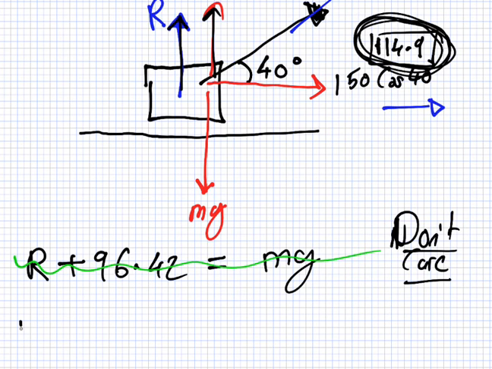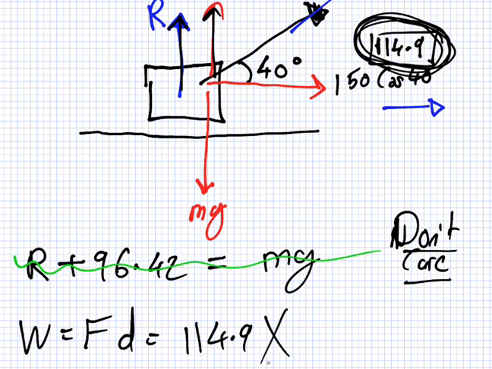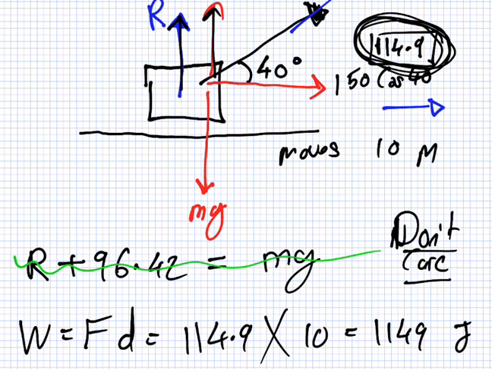So anyway, work is force multiplied by distance, which will be 114.9 multiplied by, did I tell you the distance? No, we'll say it moves 10 meters. So that is 1149 joules.